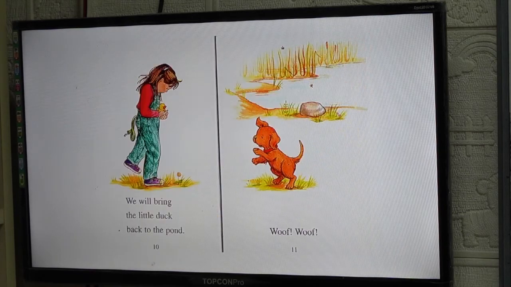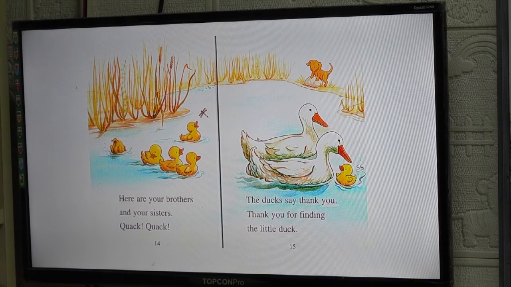Oh, this page is missing. So what happens next? Jane said, "Here, little duck, here's the pond. Here's your mother and here's your father. And wow, here are your brothers and sisters. Quack, quack."